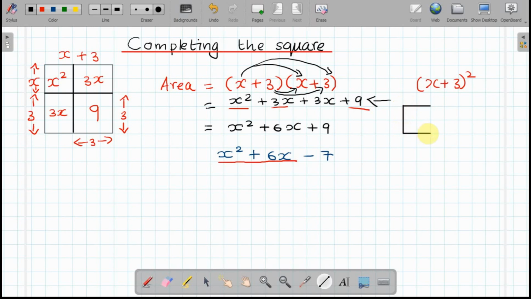So x times x gives me x squared. So that represents the area of a square. And for 6x, I'll have a rectangle. 1, 2, 3, 4, 5, 6. There we go. So that's x squared, and that's 6x.